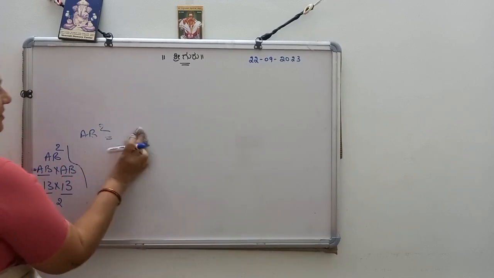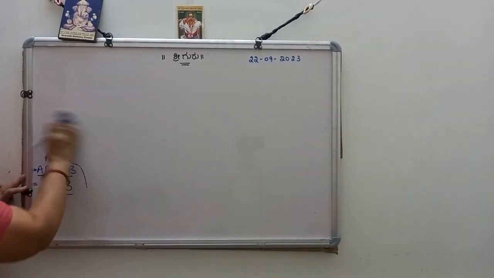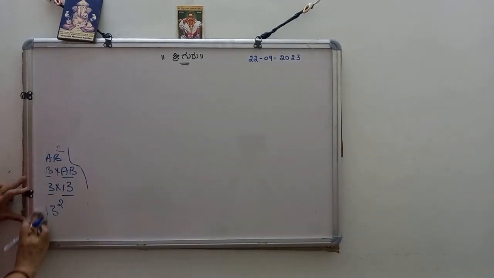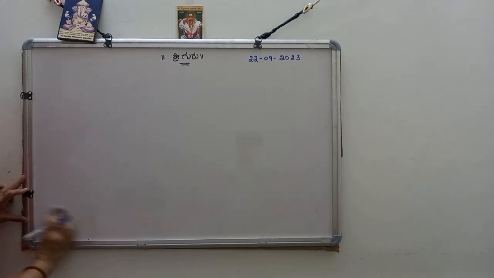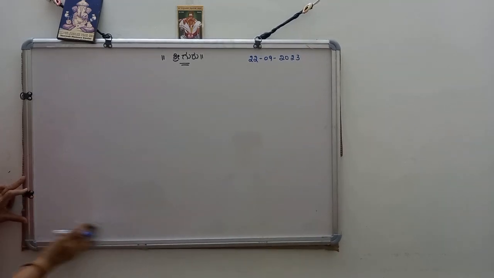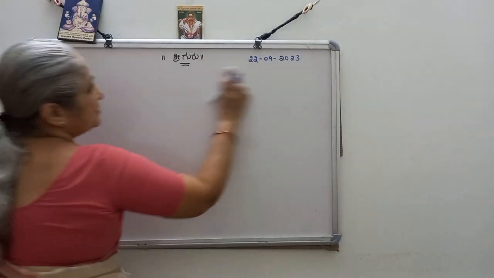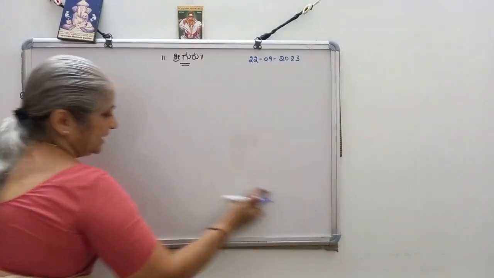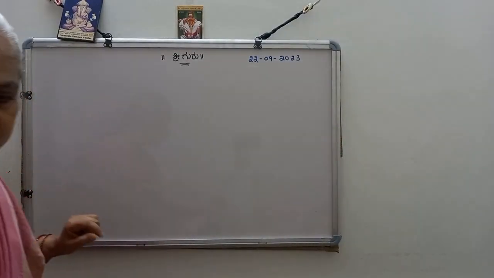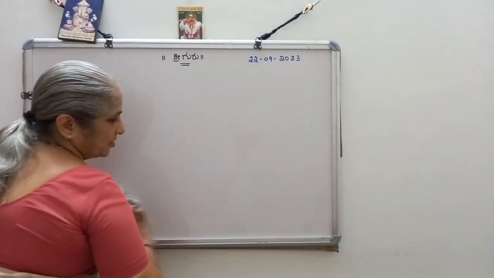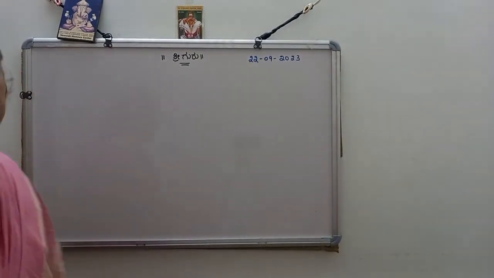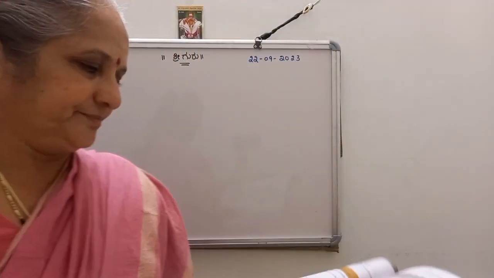You have to find the prime factors of that quantity so that you can write it as the square of some number. Then that number is equal to the length of the required side. This is how you have to solve problems on right angle triangles and their Pythagoras property.